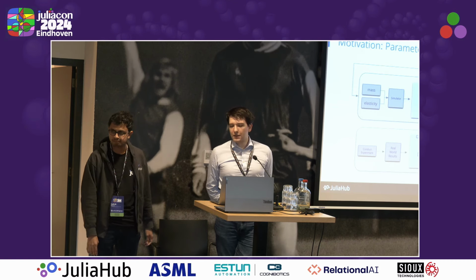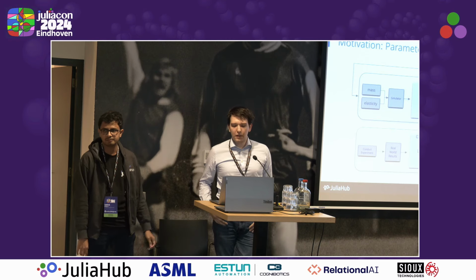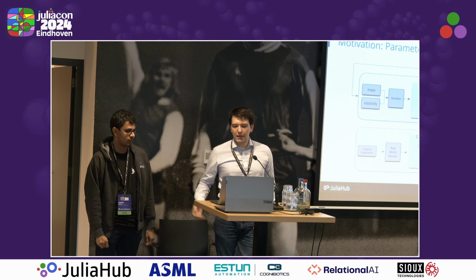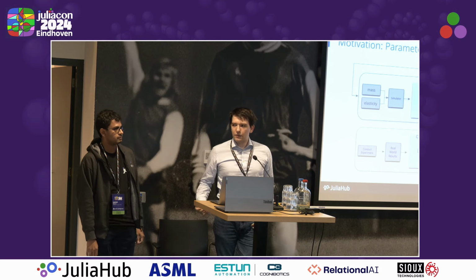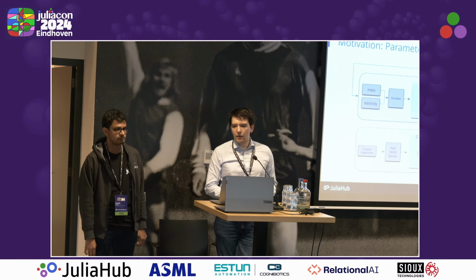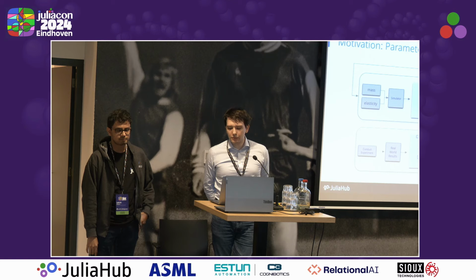So for parameter estimation, we usually build complex models to describe real-world phenomena or real-world applications. And in order to have the models match reality, we usually rely on calibrating the models to data that we have collected.